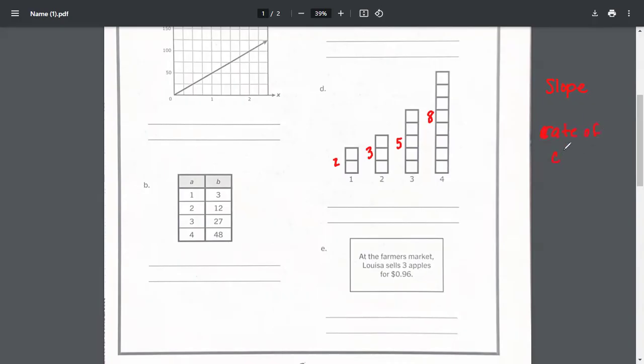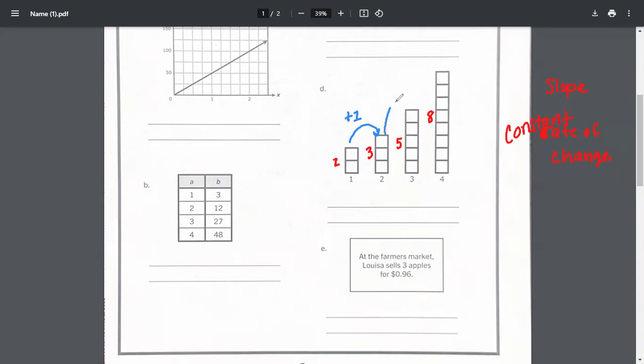of change. And it should be a constant rate of change, meaning that change needs to be the same every time. Okay. But if I look at these numbers right here, I see from 2 to 3, the way that I did that was add 1. Meaning it should be the same for everyone.